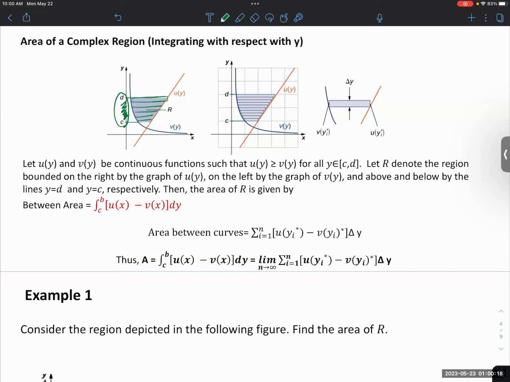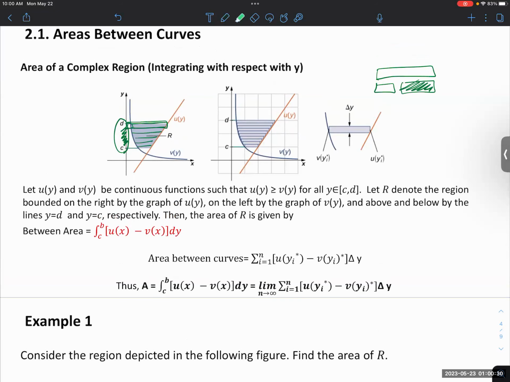Then the large rectangle minus a smaller rectangle gives you the area between, the area between the curves. In that case, we are going to take the integral with respect to y, which means C and D are the interval on the y-axis.